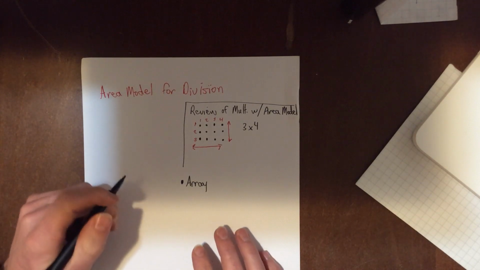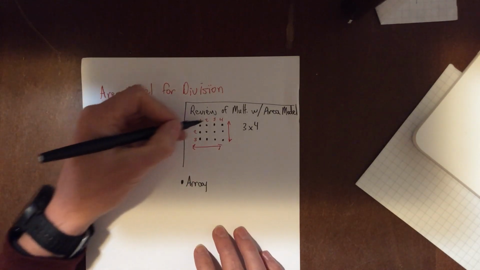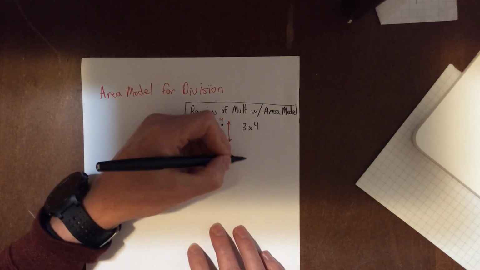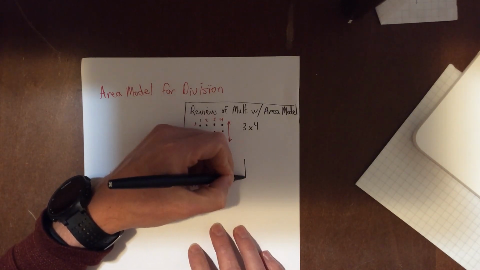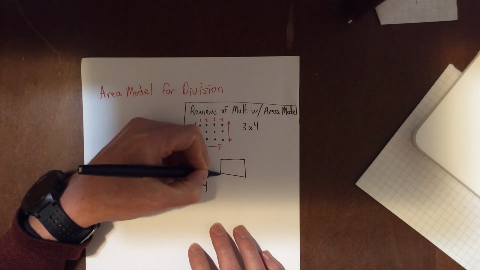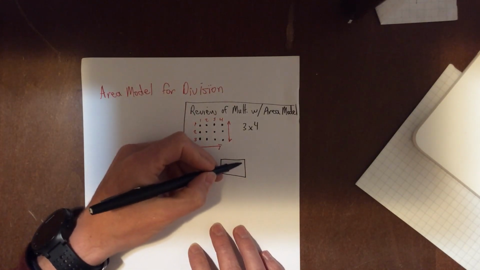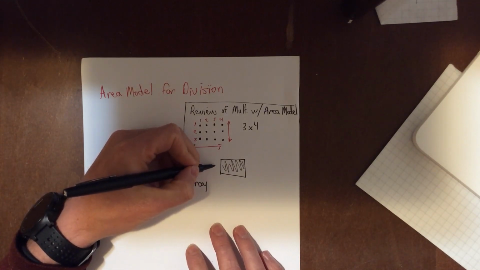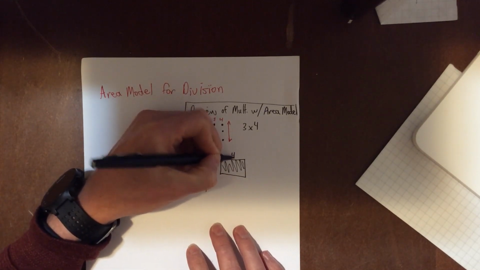But we've learned that if we understand an array, it's easier to just show this by showing an area, okay, and we can label that 3 by 4.